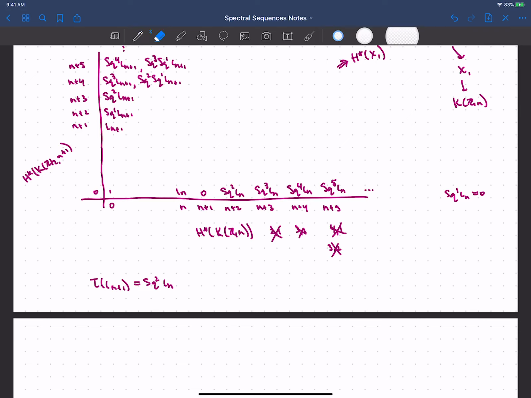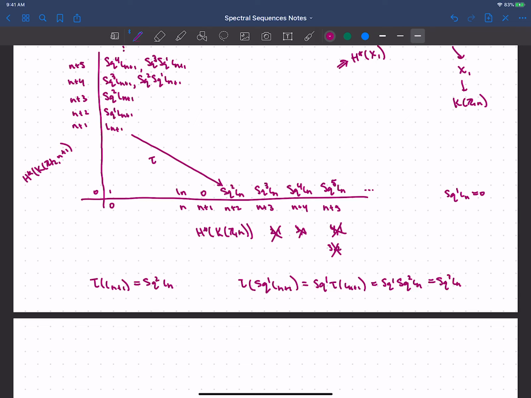So that tells me that my transgression τ does take ι_{n+1} to Sq^2 ι_n. And just as we saw in the last video, if we look at Sq^1 ι_{n+1}, Sq^1 commutes with the transgression, so that's Sq^1 of τ of ι_{n+1}, so that's Sq^1 Sq^2 ι_n, and then that's Sq^3 ι_n. Remember, we're writing things as admissibles.